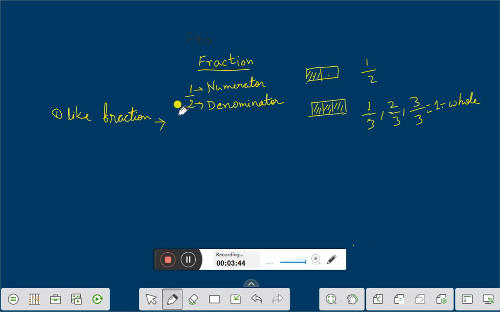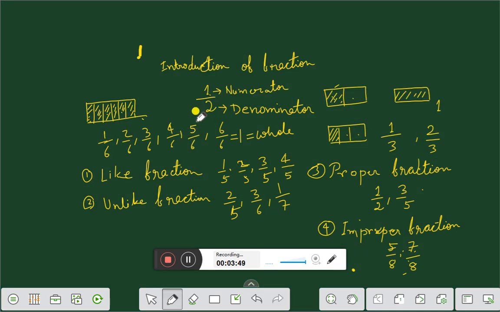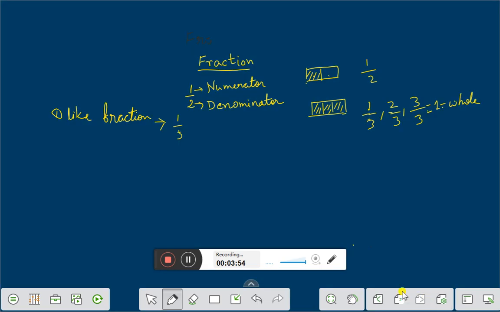For example, 1 by 5, 2 by 5, 3 by 5, or 4 by 5. You see, in all these fractions, the denominator is the same. Therefore, we call these like fractions.